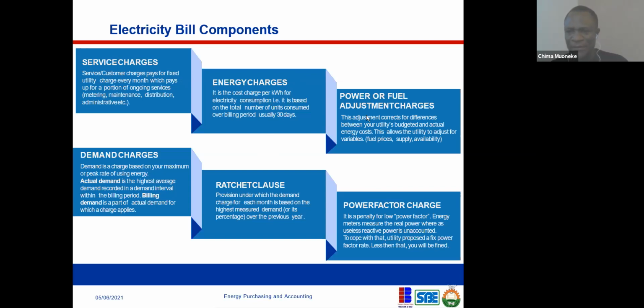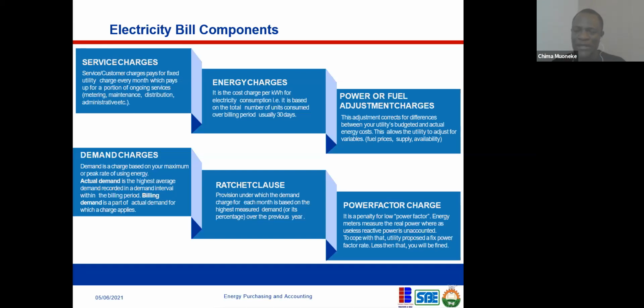Concept and elements. So we have the power of fuel adjustment charge. Bear in mind that you're not going to see all of this in the Nigerian bill, but it's good so that when you're dealing with an international client and start seeing some of this, you understand what it actually is. The Nigerian market is still growing, still at a very nascent stage, and the industry is still metamorphosizing. We are now in a transitional electricity market, meaning we are transitioning from one stage to another.